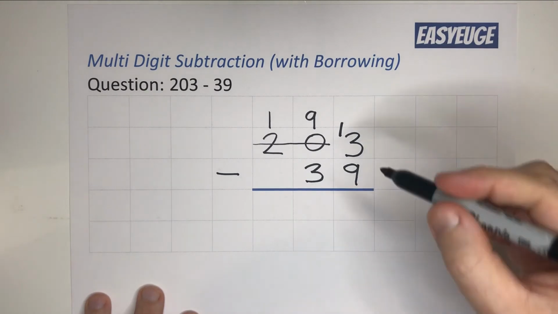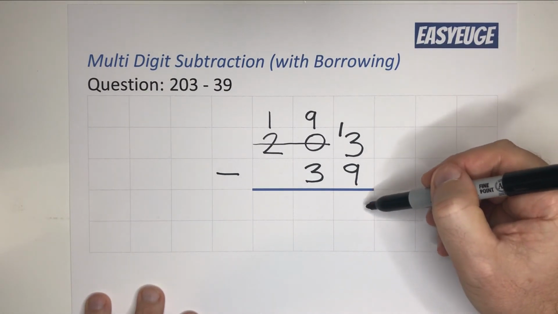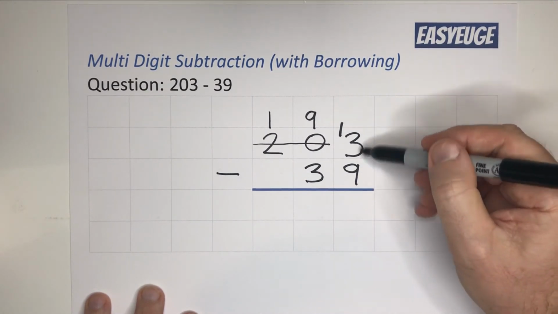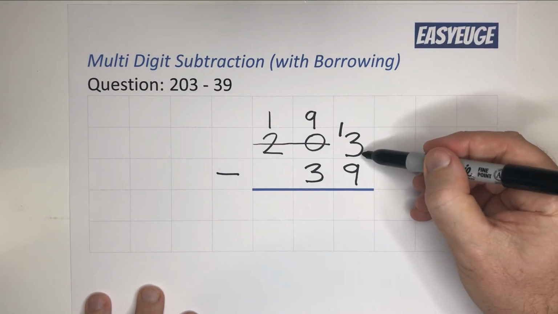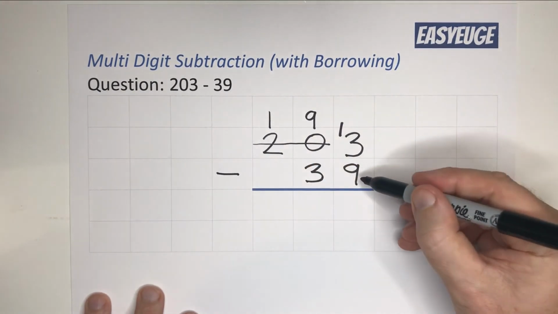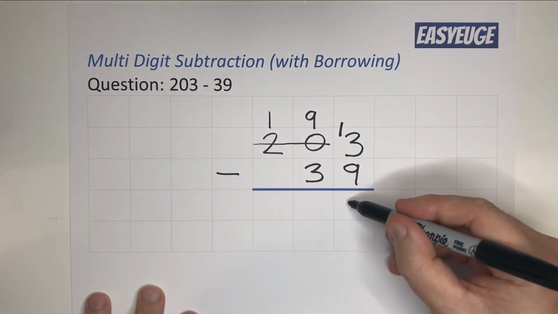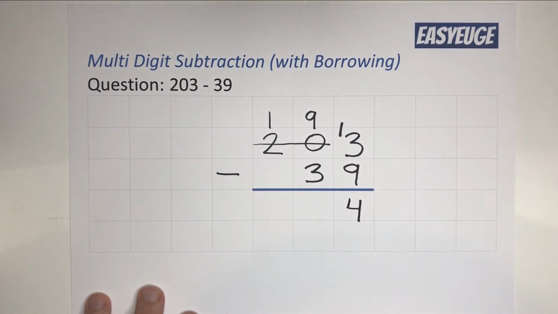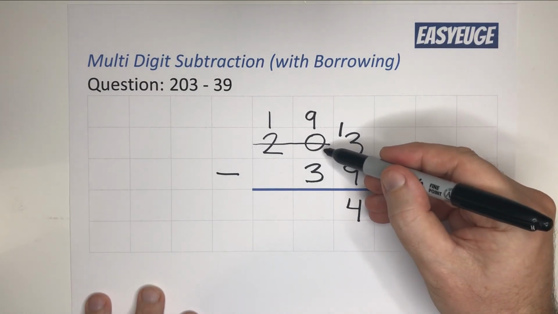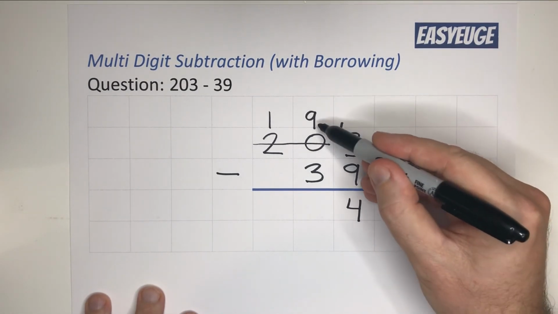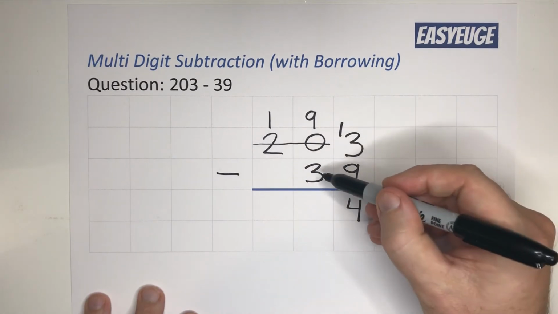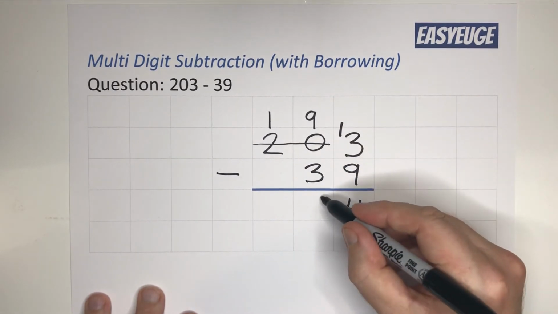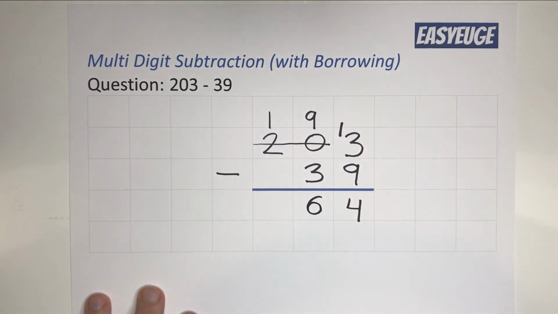Okay, now let's start by calculating in the units column. 13 subtract 9 is 4. There we go. That worked out well. And now that's not a 0 anymore, that's actually a 9. 9 subtract 3 is 6. There we go.